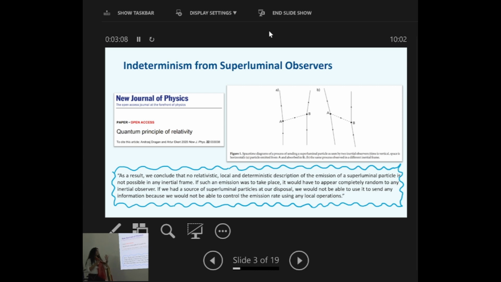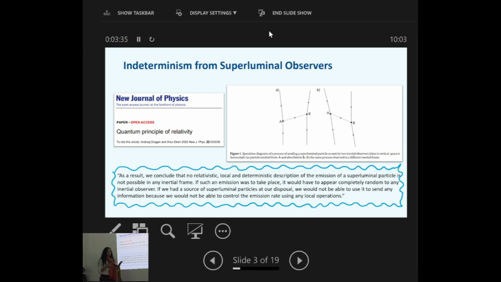Now, under a subluminal reference frame transformation, this situation can look like B is the sender and A is the absorber. But then B will be spontaneously sending this tachyon, or the superluminal particle. To not have any preferred frame of reference, what they suggested is that you give up local determinism everywhere.